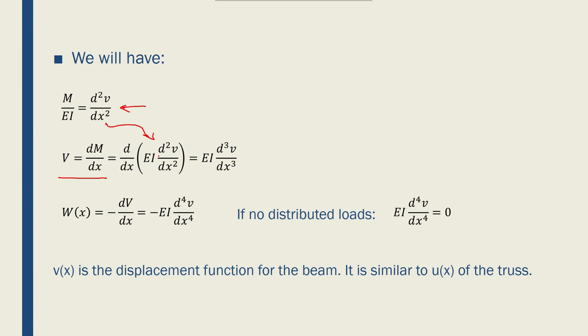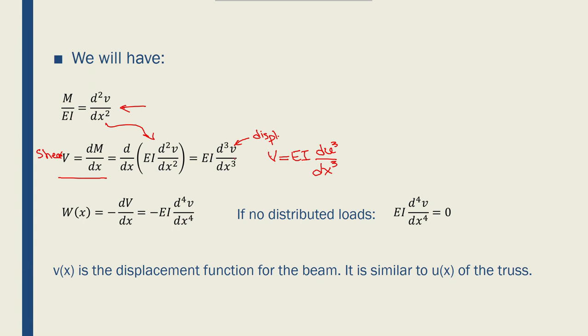And if we assume that EI is constant, so we can take it out, then V, the shear force, becomes equal to EI d3v over dx cubed. So this capital V is the shear force, and this lower v is displacement in y direction.